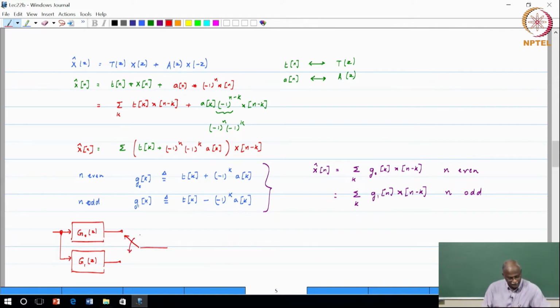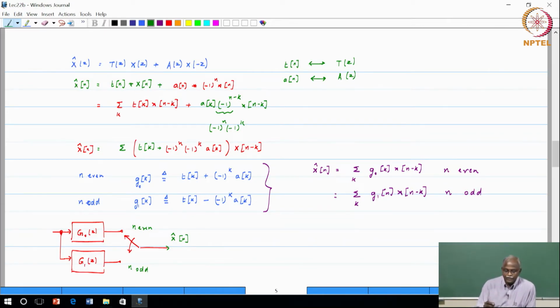It chooses the upper branch if n is even, and the lower branch if n is odd, and this is x hat of n. So, I have not done anything about alias cancellation. I have just let aliasing be there, and I have analyzed my input output relationship.